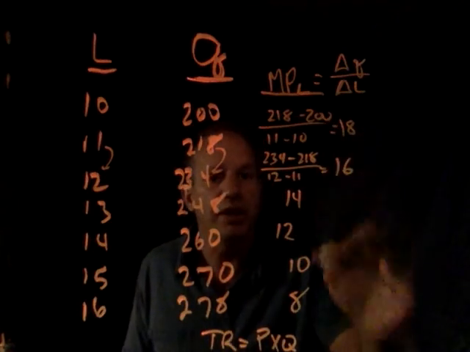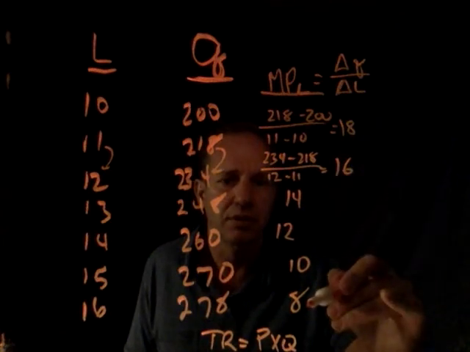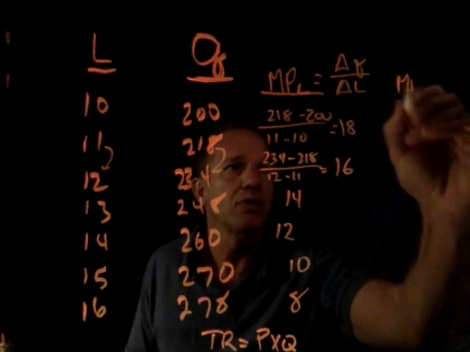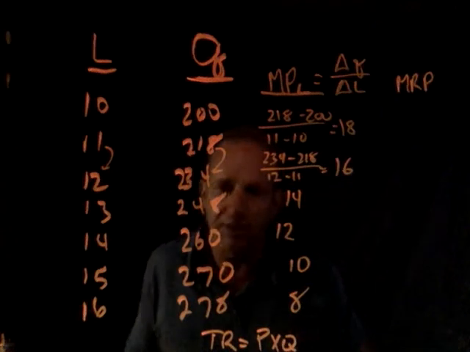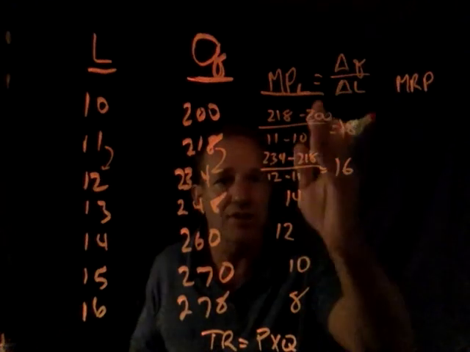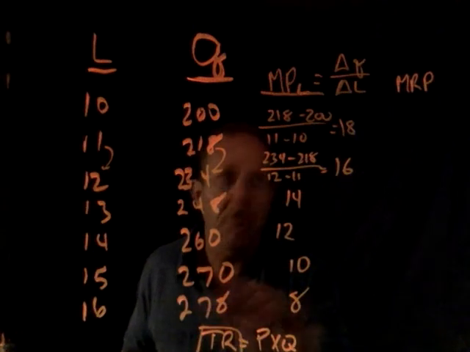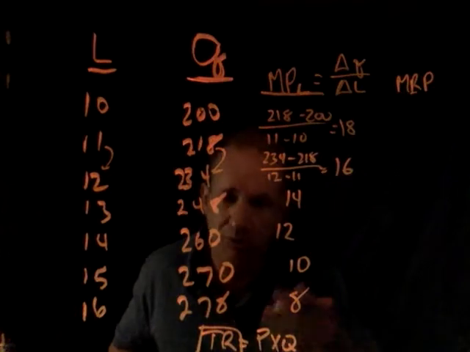Well, these are the quantities that each added worker will bring to the firm. So we just need the price times that quantity for marginal revenue product. How much they bring to the table in dollars. This is how much they bring to the table in units.